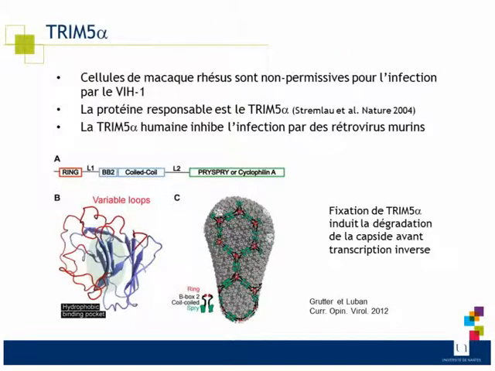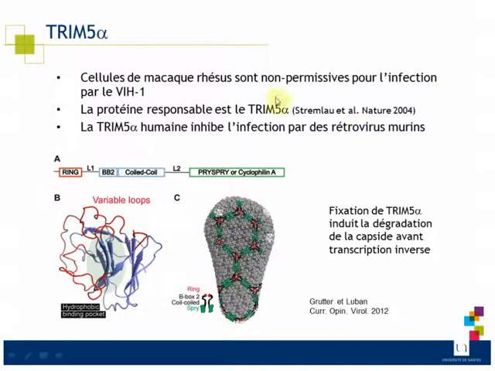So let's go and have a look at different restriction factors and how they act. TRIM5 alpha. This was identified because it was noticed that rhesus macaque cells are not permissive for infection by HIV-1. So we had permissive cell, non-permissive cell, and it was possible to clone the macaque gene that was responsible for this restriction.